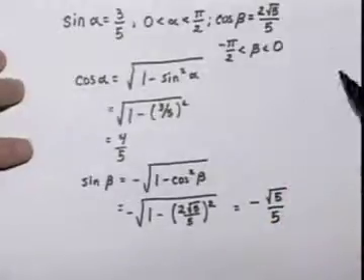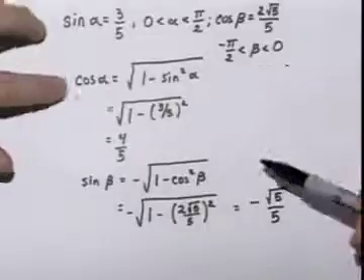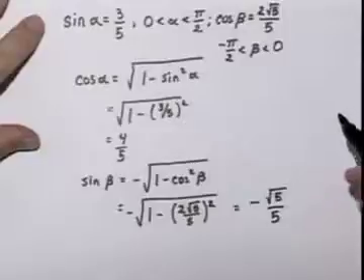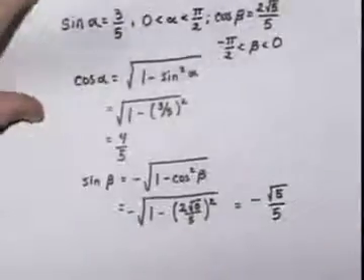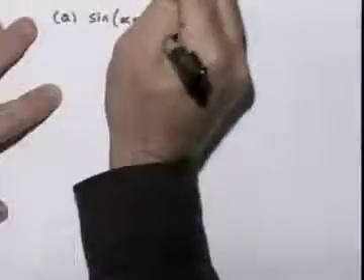So now what we want to do is keep track of the values of sine of alpha, cosine of alpha, sine of beta, cosine of beta, so that when we substitute into the sum and difference formulas, we know where these results come from. In part A, we want to know the sine of alpha plus beta.